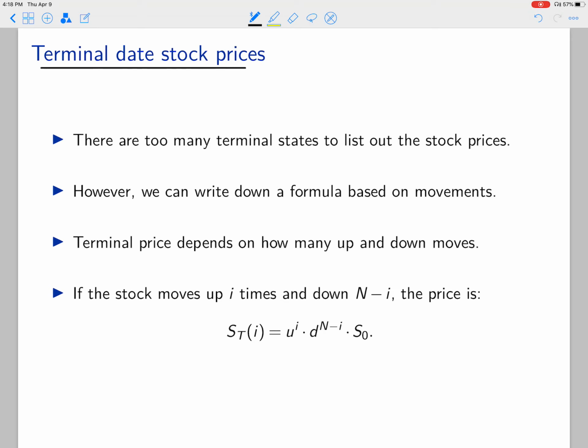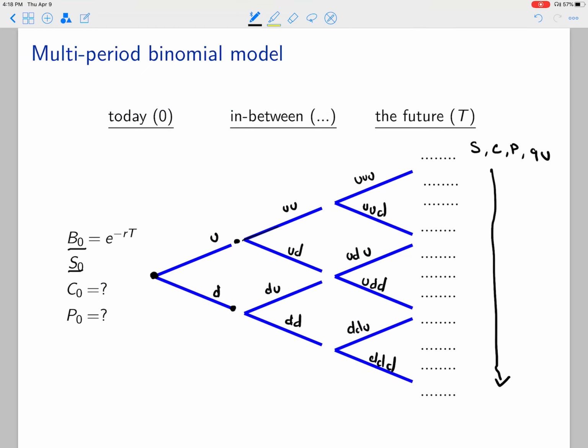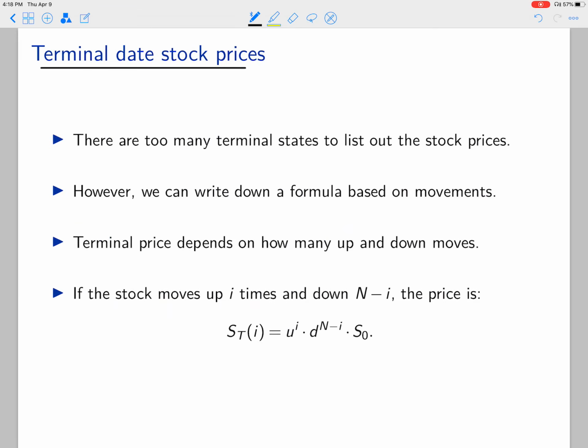So should we just give up on this? No. Luckily, we can use a trick instead. The trick is to forget that there could be 2 to the n possible states all the way at date capital T. Forget about that, and instead just think of the model in terms of the number of up and down movements that occur.